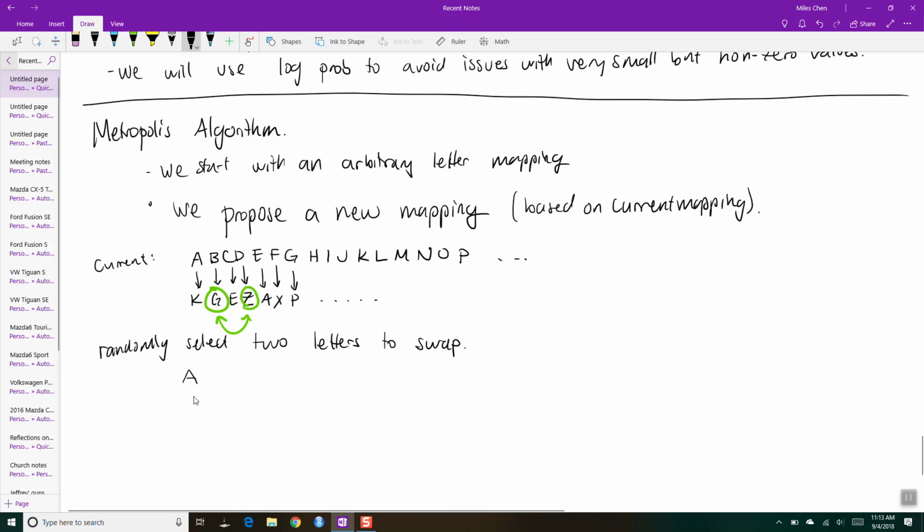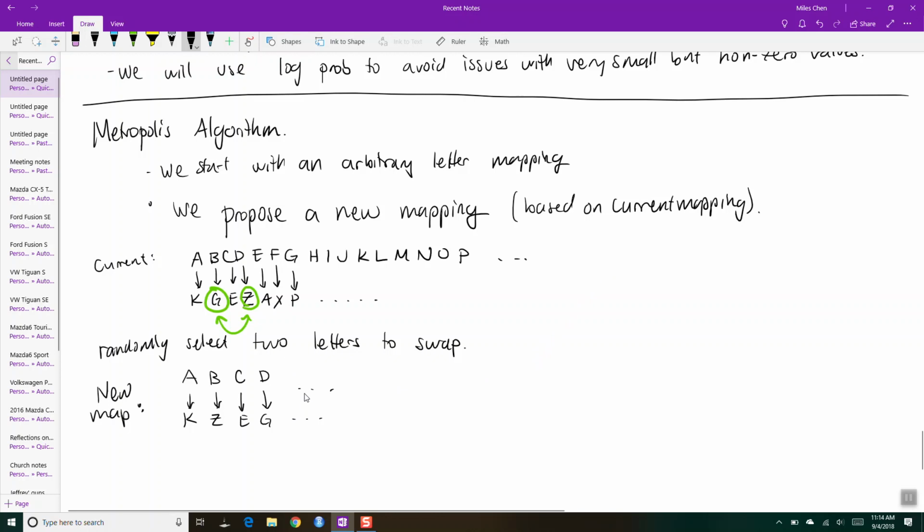So in our new mapping, A goes to K, B goes to Z, C goes to E, and D goes to G, etc. The undo feature on this sucks though.